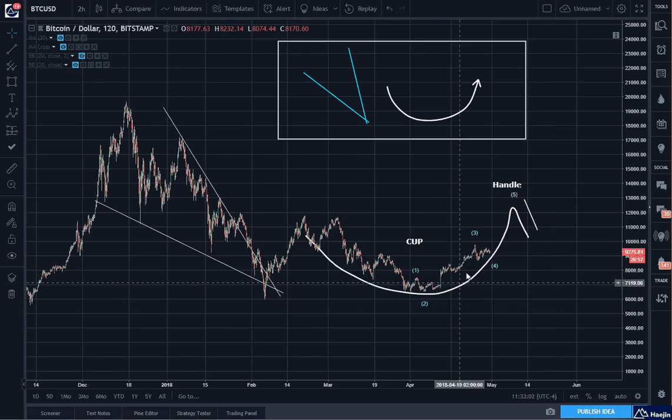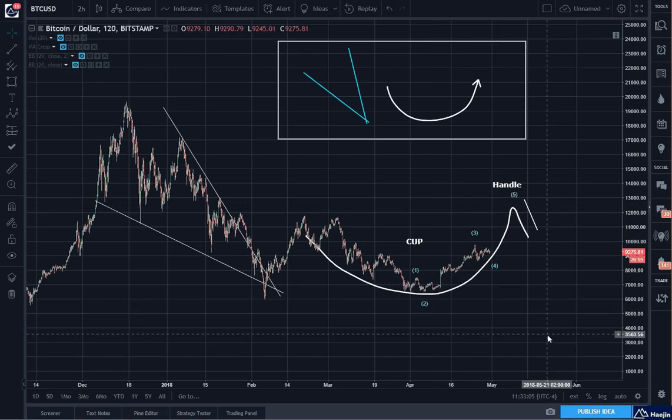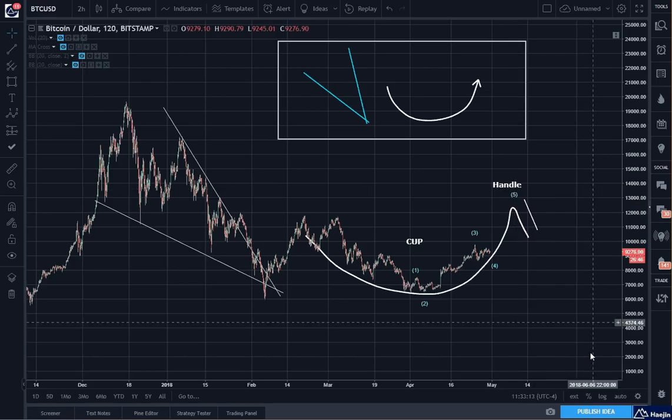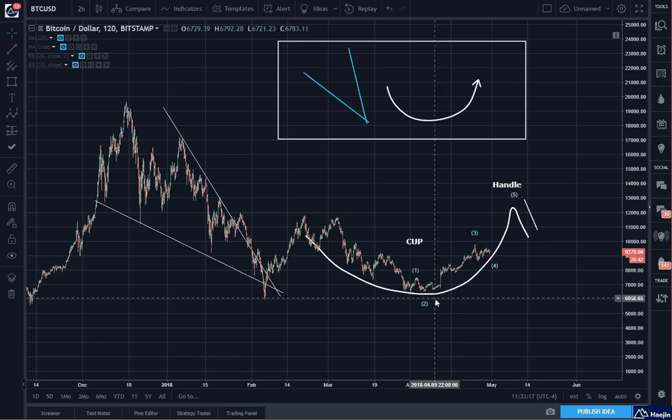But regardless, okay. So let's say this happens in second week of May or so, the wave 5 top. Maybe the third week of May, maybe in June. Whenever it happens, the sequence of 1, 2, 3, 4, and 5.